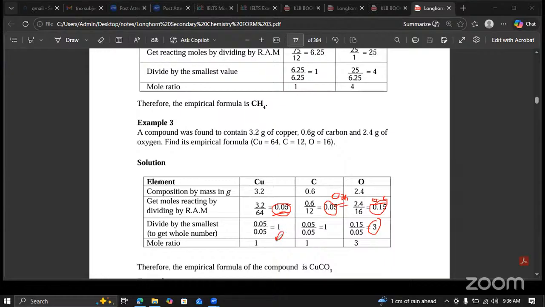For example, ukipata 0.5 hapa na upate 1 hapa na upate 2 hapa, it affects now after you get the mole ratio. So ukishapata the mole ratio, it is now effective. You can do the multiplication by 2 when you have a decimal place. Sijui kama tuko sawa hapo, because I thought I wanted to mention that.